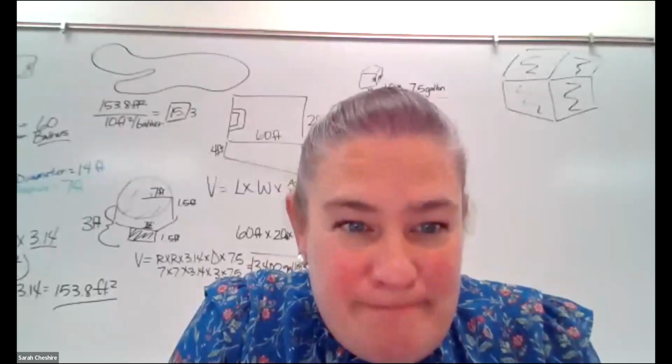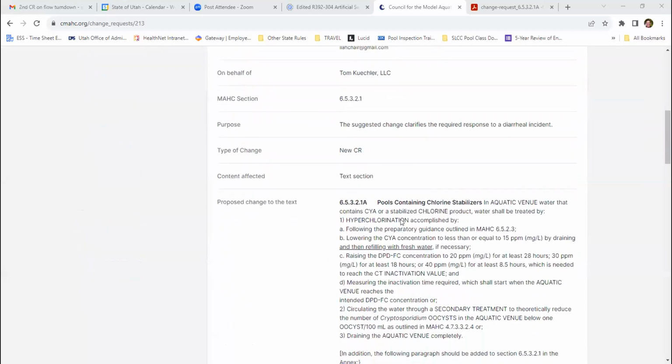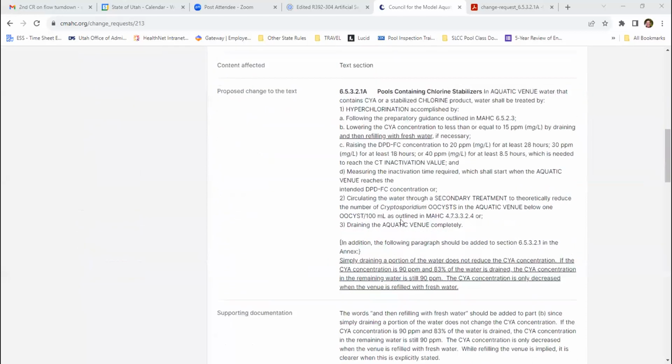Okay, cool. So this is the same thing as the 65321A, but now it is going back and saying in 1A, by adding, after you drain it, then refilling with fresh water if necessary. So I think that makes sense. Yeah, absolutely.